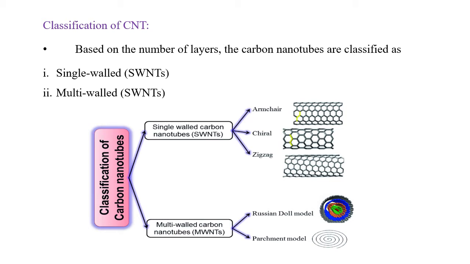In multi-walled nanotubes, more than one carbon nanotube is coaxially arranged. Single-walled carbon nanotubes have three structures: armchair, chiral, zigzag, and multi-walled carbon nanotubes have the Russian doll model and the parchment model.